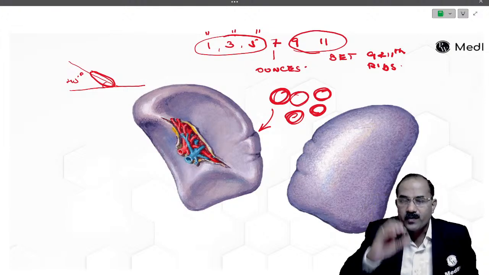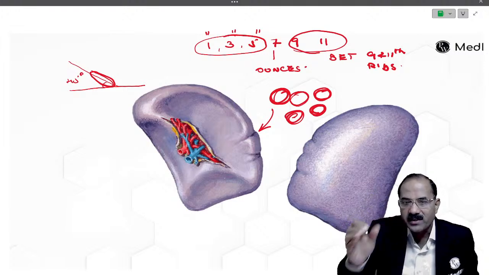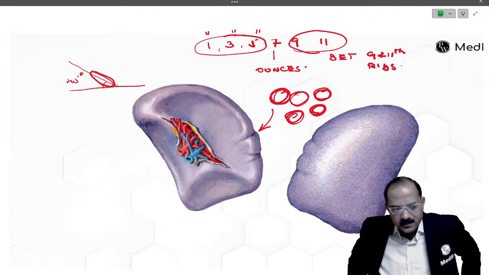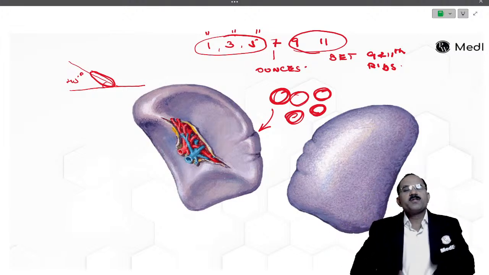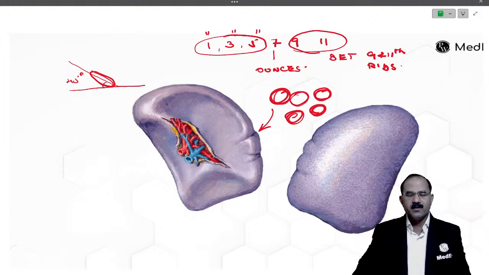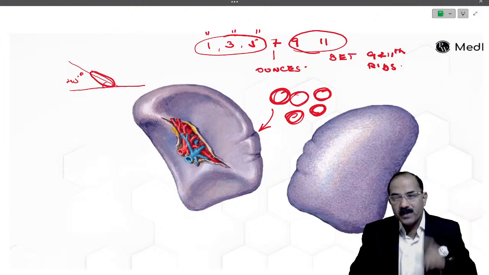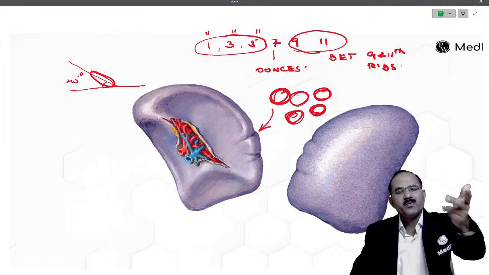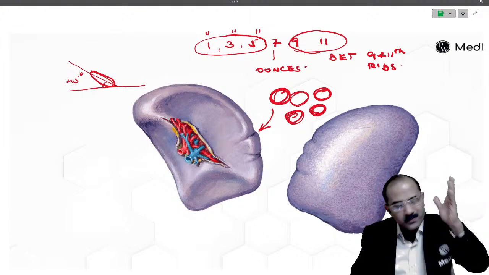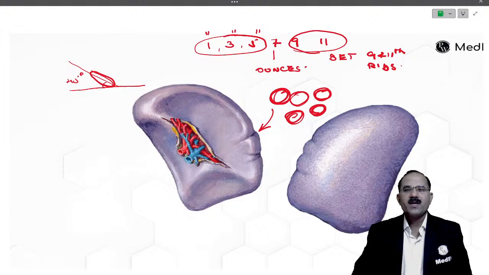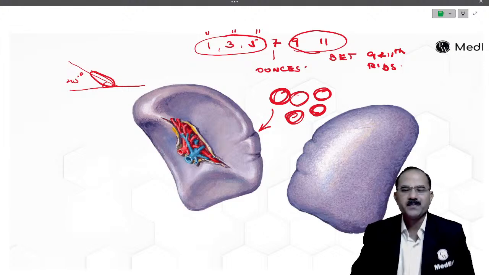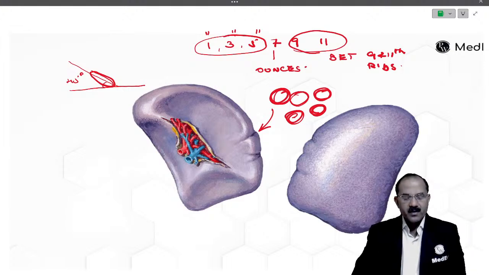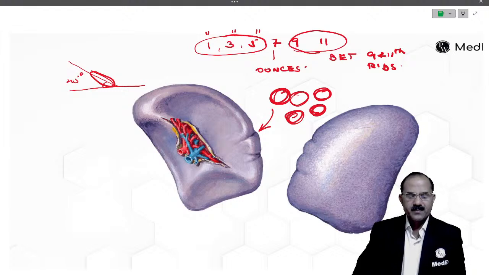Spleen projects into which part of the peritoneal cavity? That's a very important MCQ for you. This was a PG NEET MCQ, AIIMS MCQ. Let's say we have got two: one is the greater sac, one is the lesser sac. Tell me, does the spleen project into the greater sac or the lesser sac?